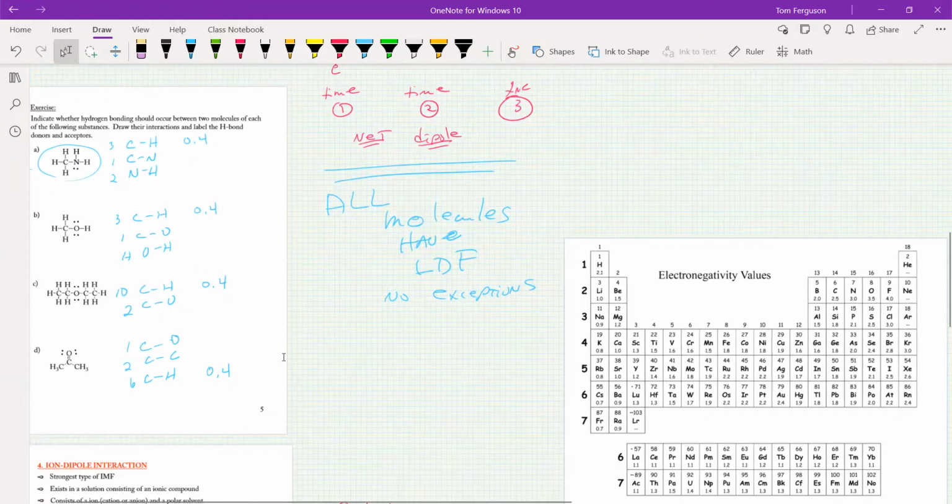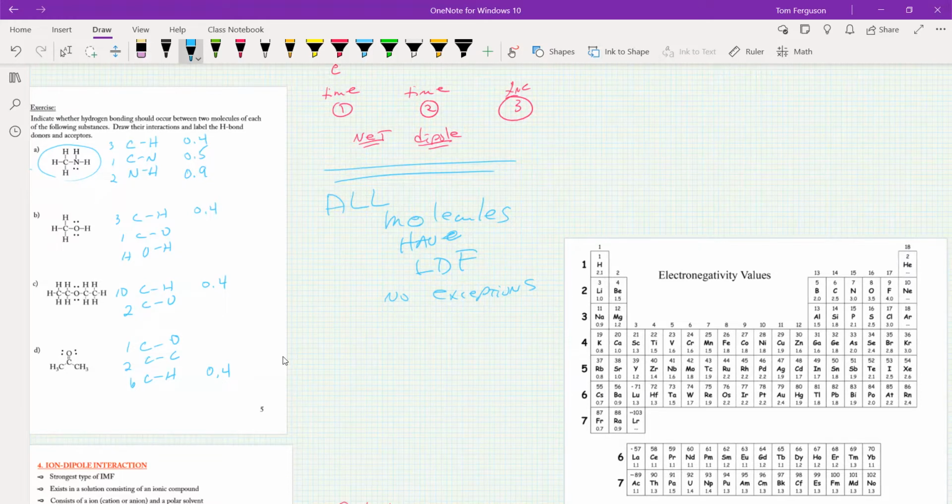CN is going to be 0.5. N is 3, C is 2.5. And NH, N is 3, H is 2.1, so that's 0.9.